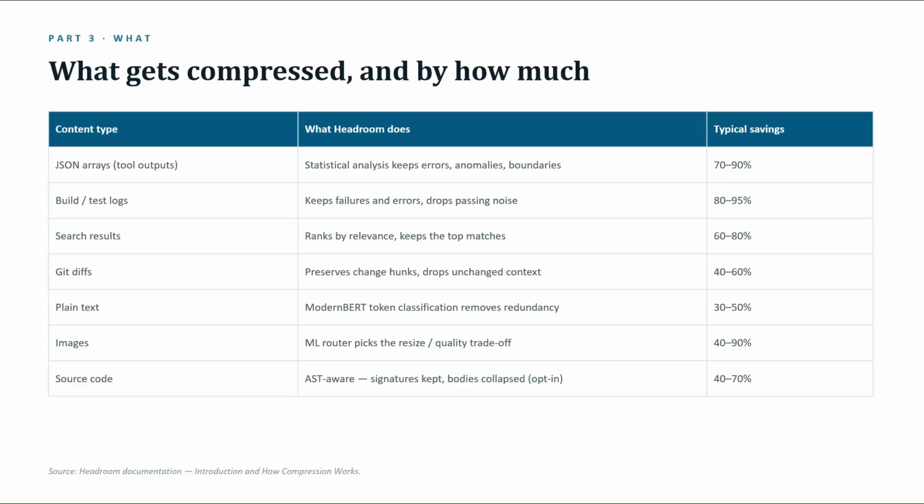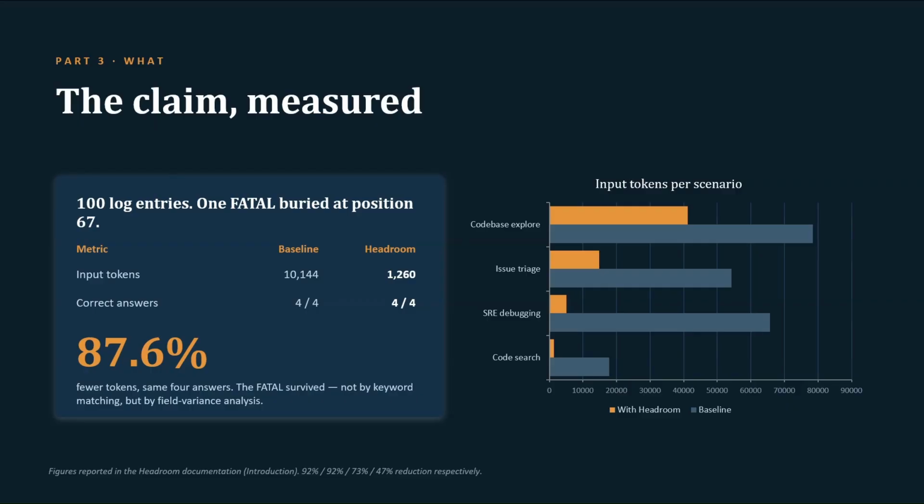So RTK will reduce that, and it handles plain text, images, source code. These are percentages from experiments they have done, 30%, 40%, given by Headroom itself.